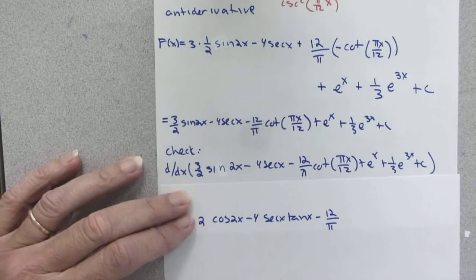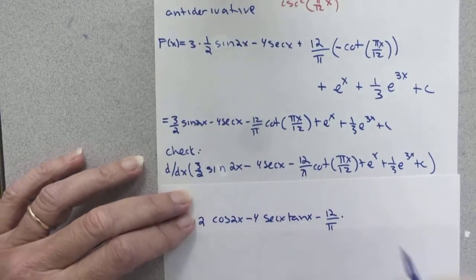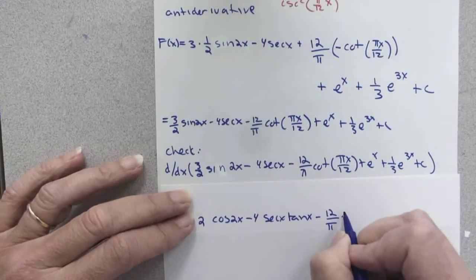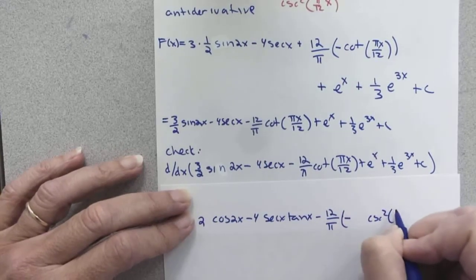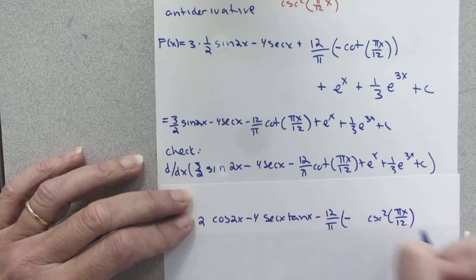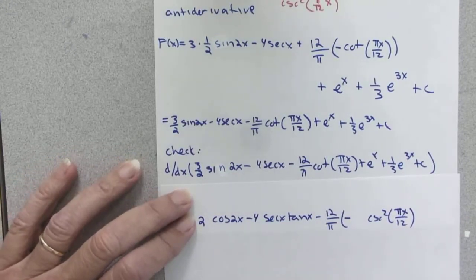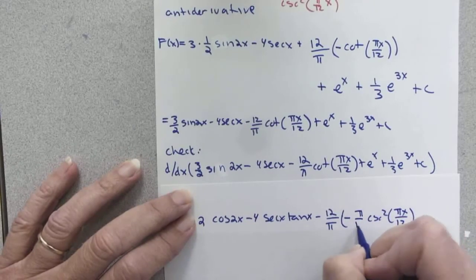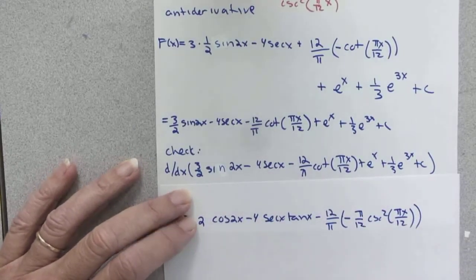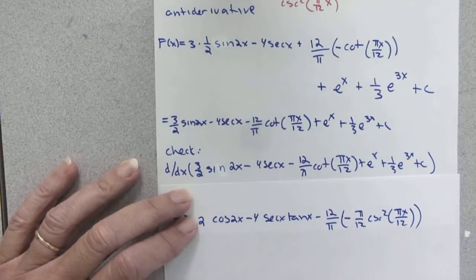That 12 over pi is just a coefficient, so it just stays there. Derivative of cotangent is negative cosecant squared. But then the chain rule, the effect of that pi over 12 is going to have me multiply by it.